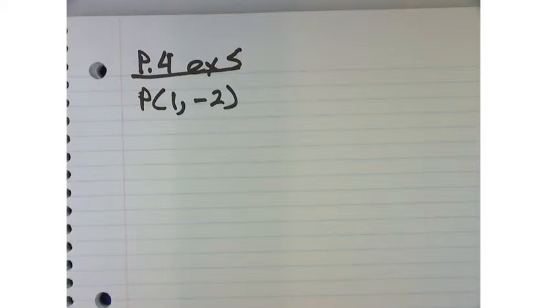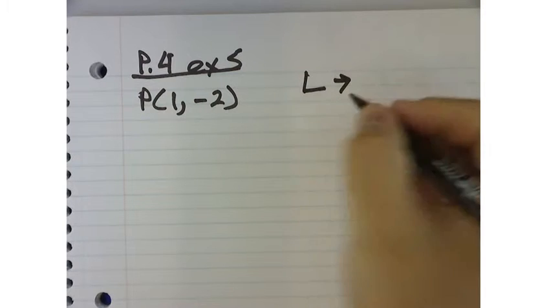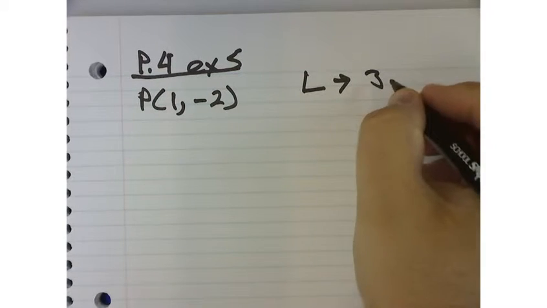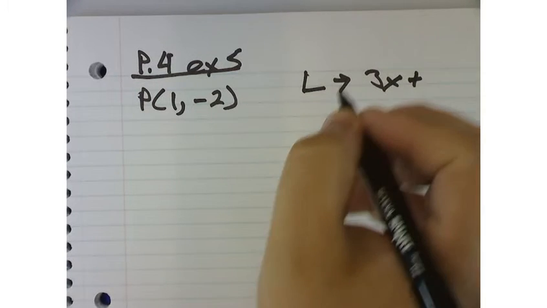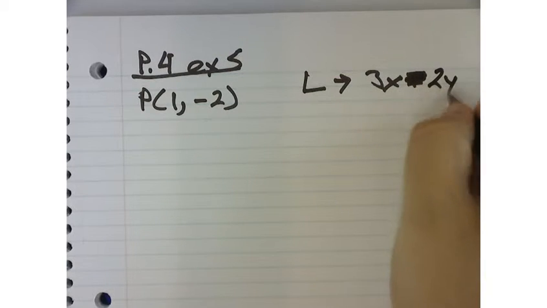And it is parallel to the line L, where L is represented in the form 3x, oh dang it, it's minus 2y equals 1.